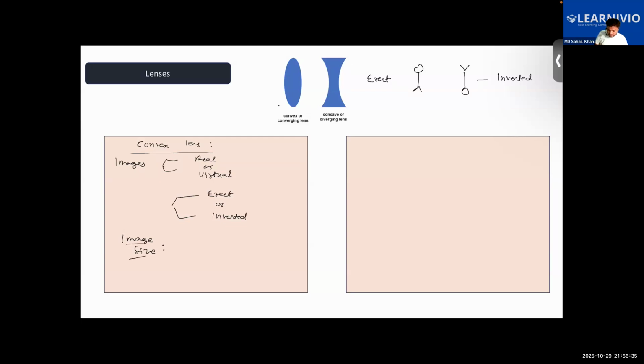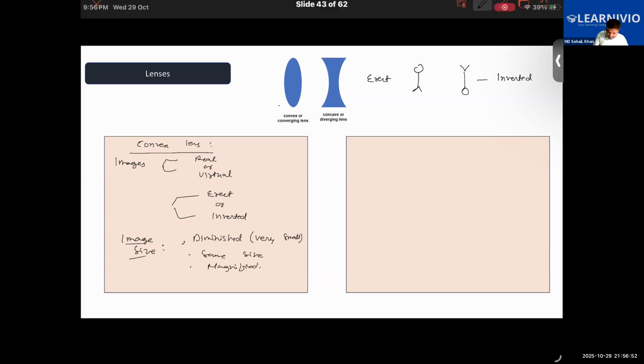Oh, okay. So the image can either be diminished, which means very small, can be of same size, or can be magnified.